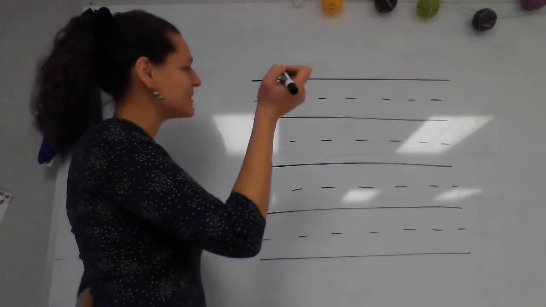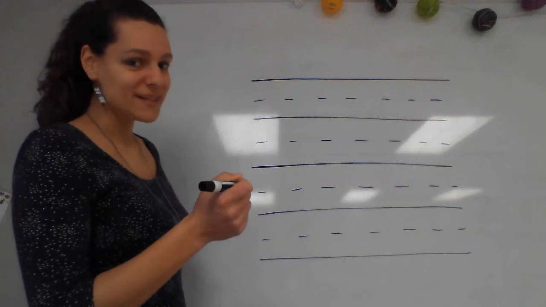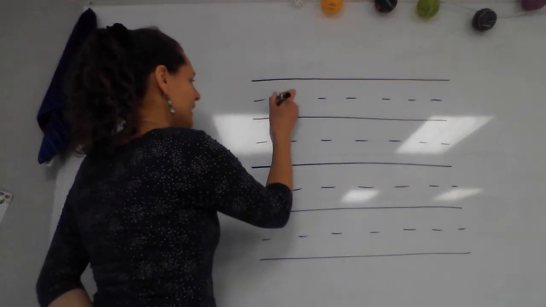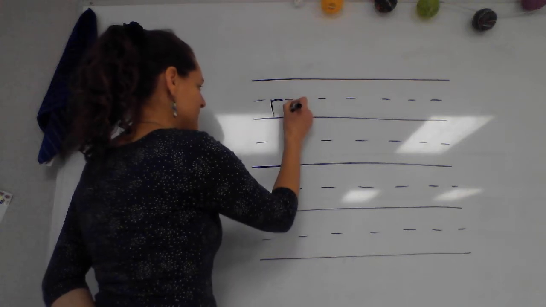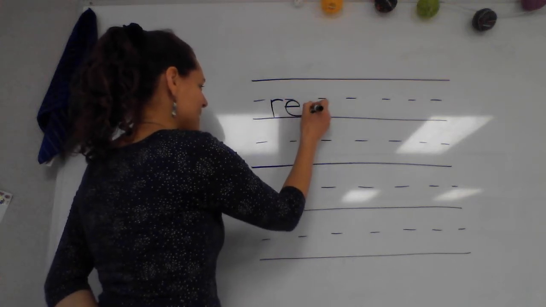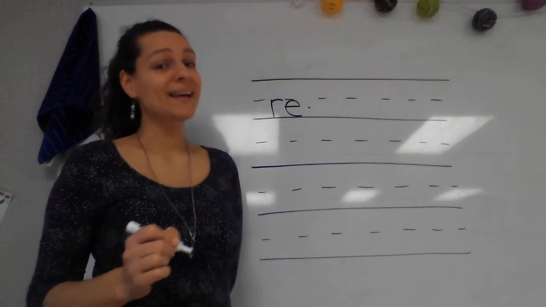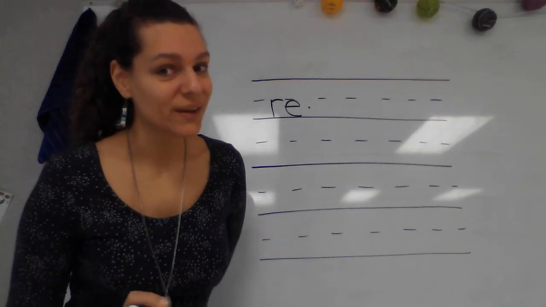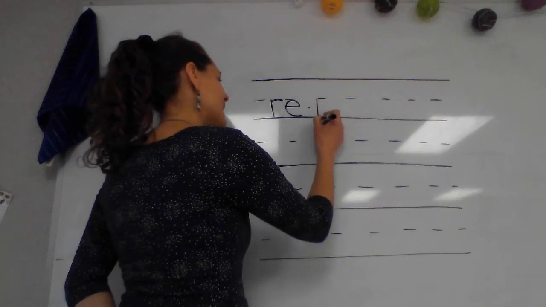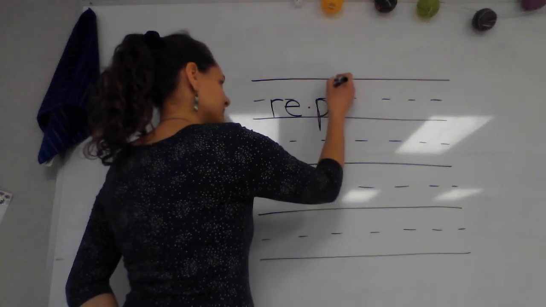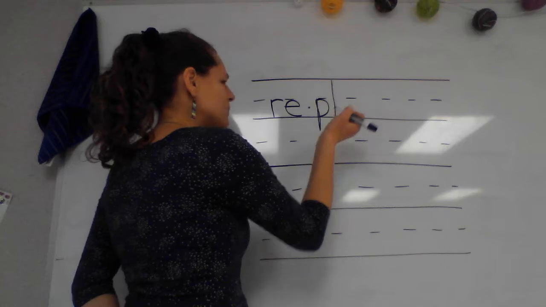All right, class, what's your first syllable in that word you just wrote? Good, re. And what kind of syllable is it? If you didn't know before, now that you heard me say, you should be able to tell me it's an open syllable. What's our second syllable? Good, ply. What kind of syllable is that? Good, it's an open syllable as well.